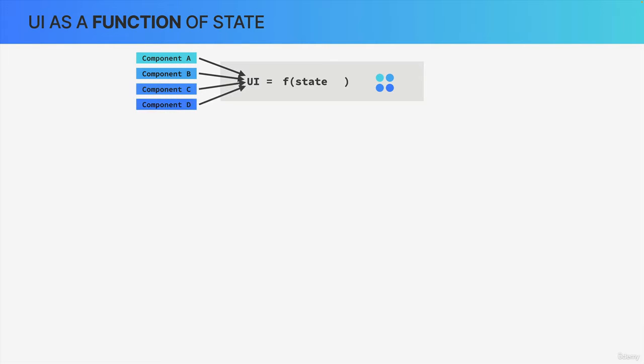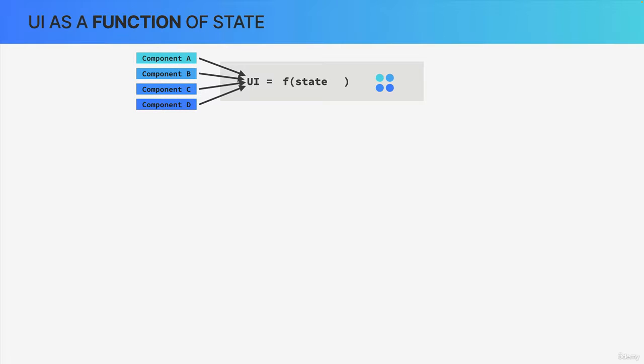Now, if we analyze everything that we just learned about state, we can come to the conclusion that we can basically think of the entire application view, so the entire user interface, as a function of state. Or, in other words, the entire UI is always a representation of all the current states in all components.